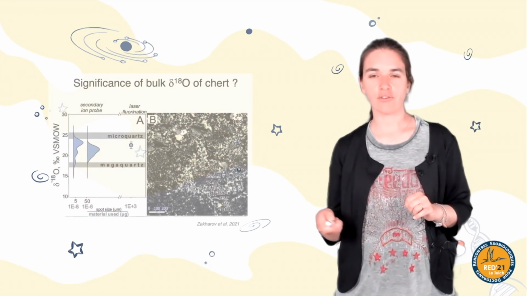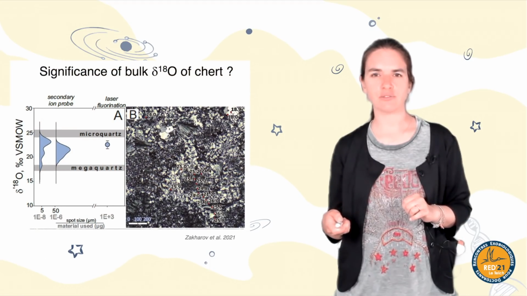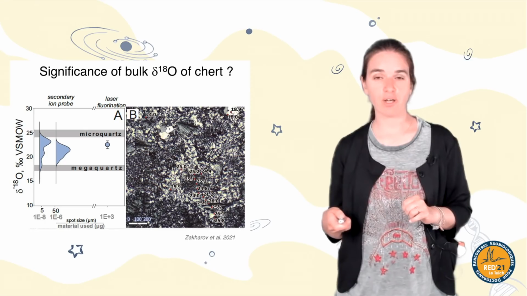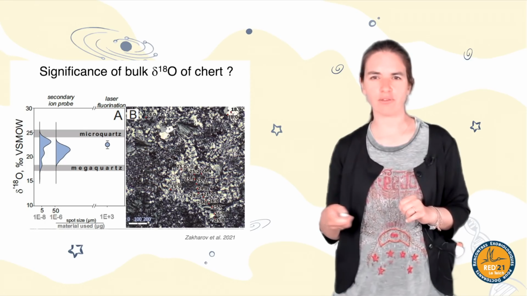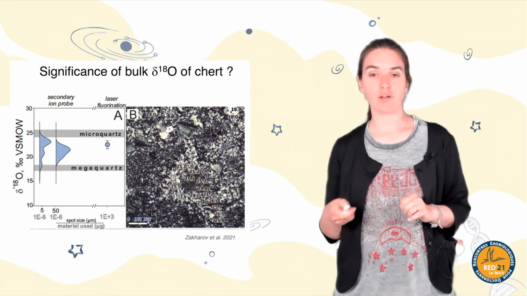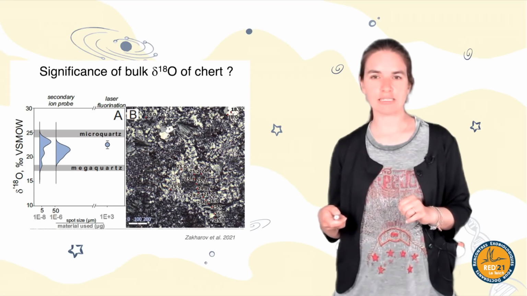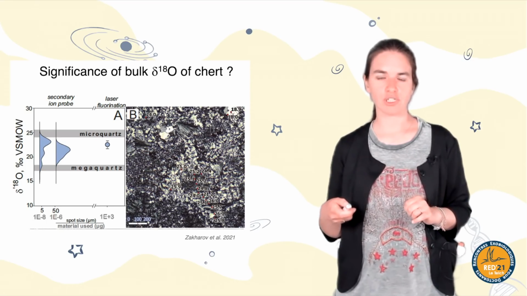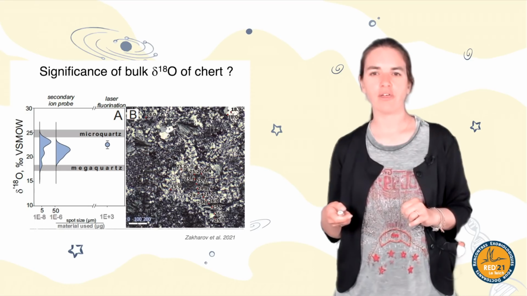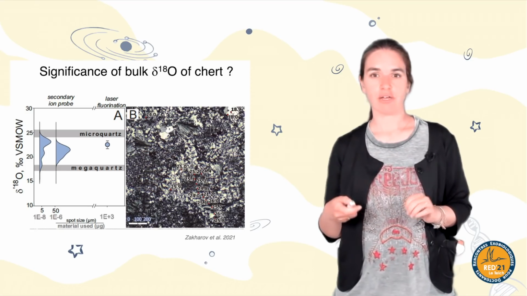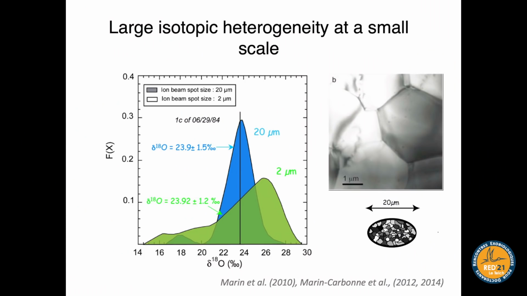And here on this optical picture, you have the different forms of quartz. You can see the microquartz and the megaquartz, and you can see the little spots of all the in situ analyses of the oxygen isotope composition. You can see that you have almost 10 per mil variation at this scale. So we have a very large isotopic heterogeneity at a very small scale.